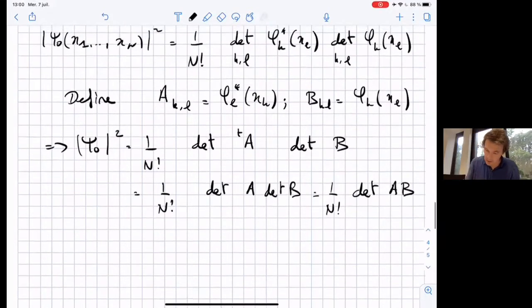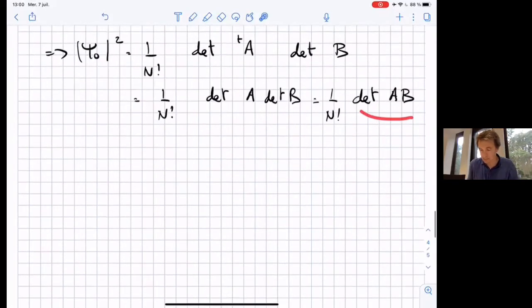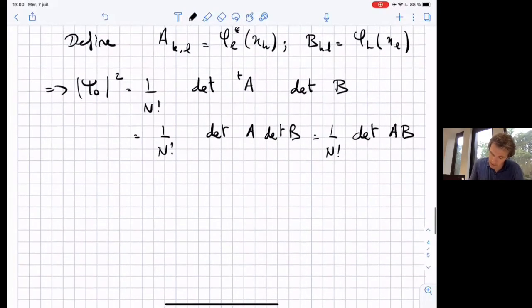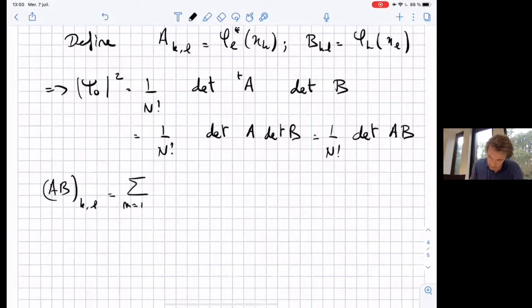But now let me rewrite this AB in an interesting way. If I just want to write the matrix element, so A and B are upstairs, right? If I write the AB matrix elements KL, what is that? Well, by definition, this is just the sum over M from 1 to n of A_KM B_ML.